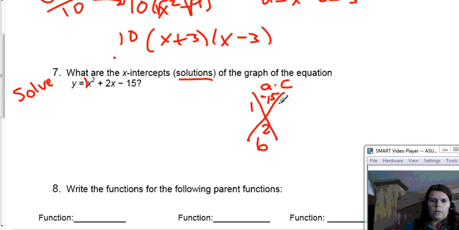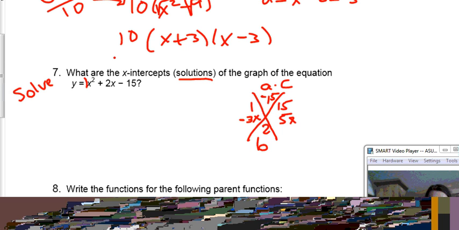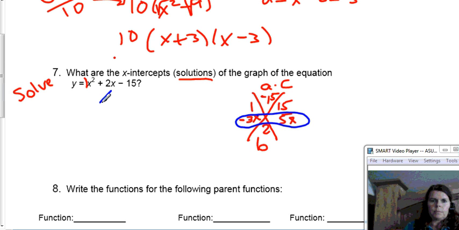So we got 1 and 15, 3 and 5, and one of them has to be negative. We need these to add up, so it has to be negative 3x plus 5x. That's going to be our middle terms. That's what our b is splitting into. Bring down the x squared.